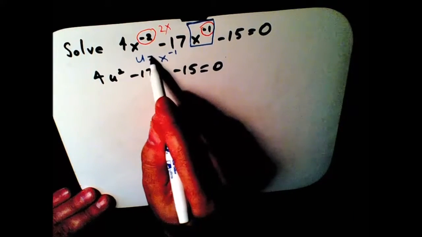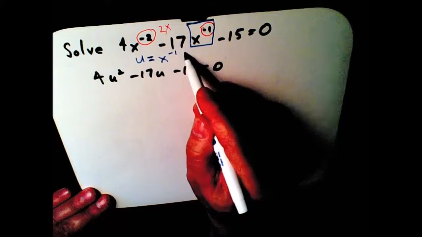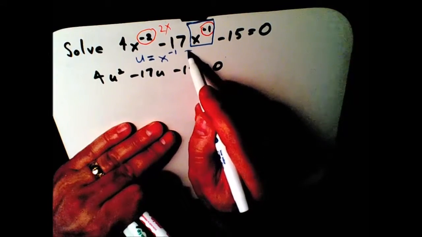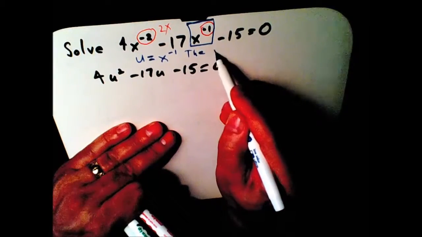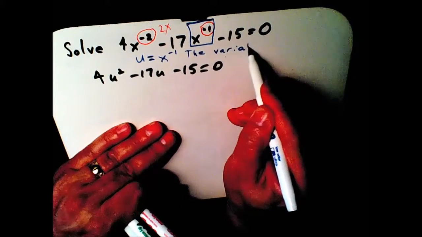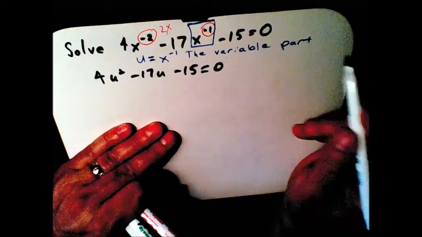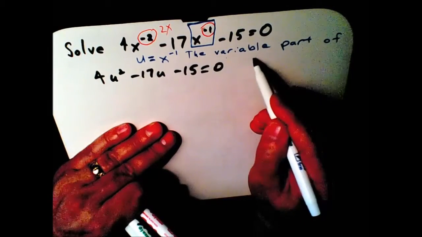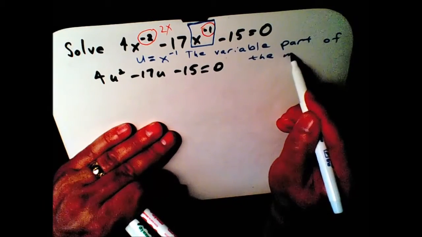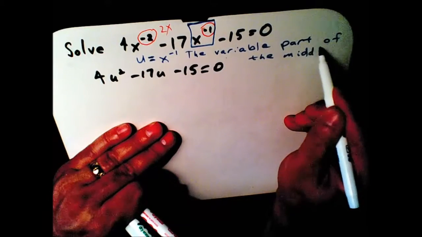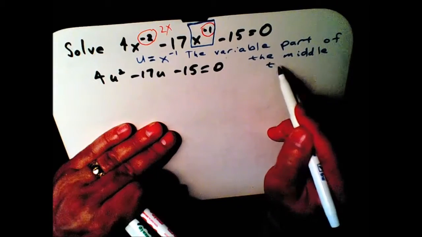U is x to the minus 1, because u is always the variable part of the middle term.